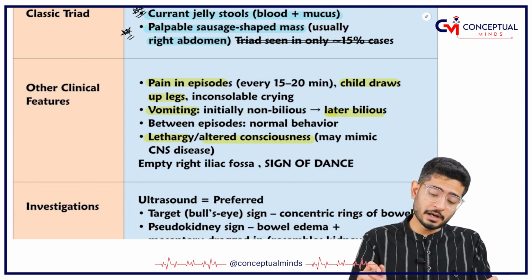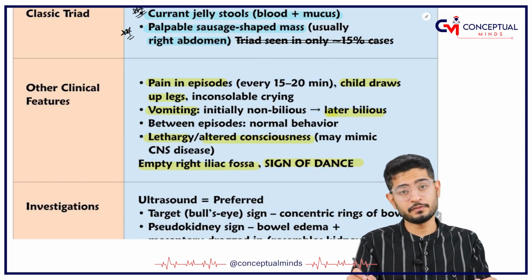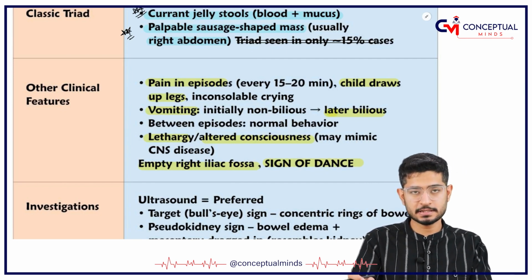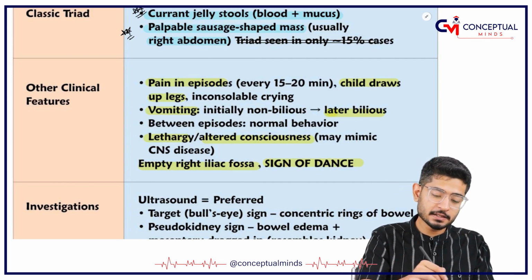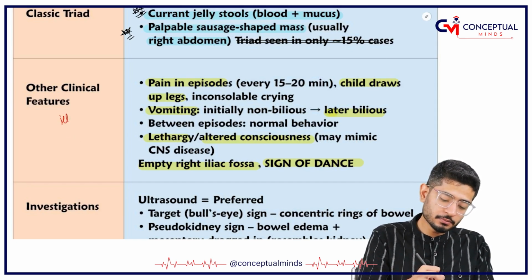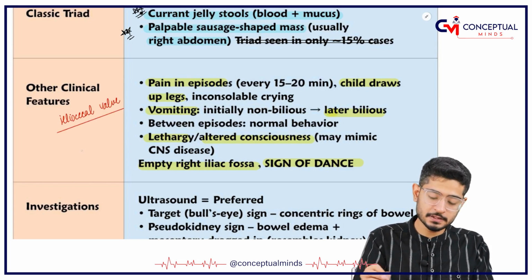Okay, now there is an empty right iliac fossa, which is called the sign of Dance. So why is there an empty right iliac fossa or sign of Dance? See, please understand one thing very clearly, that we have told you that the most common site is the ileocecal valve. Okay, so what happens in the ileocecal valve?